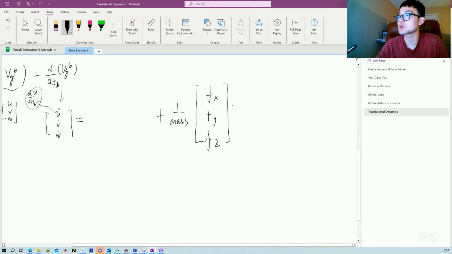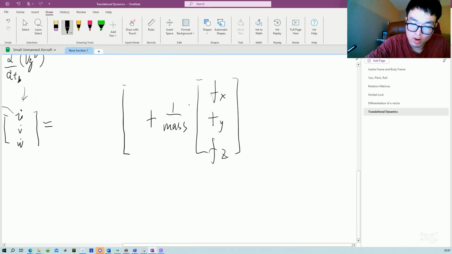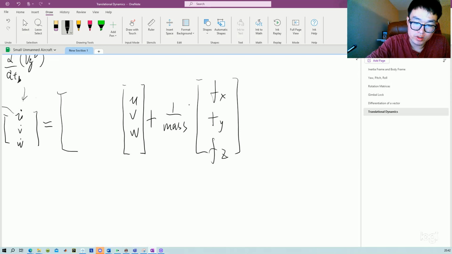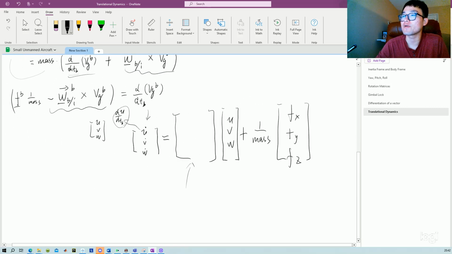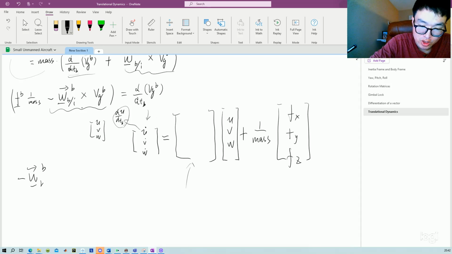Because we are trying to derive the state equation, the states are u, v, and w, and all we have left is to fill out this matrix. This is derived from the term negative omega, the rotation of the body frame against the inertial frame expressed in the body frame, cross product with the ground velocity vector, also projected on the body frame.